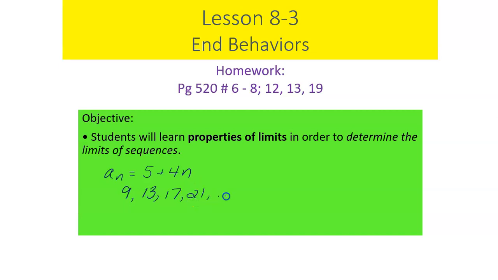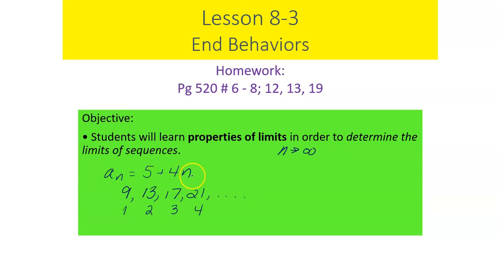What we notice is as we keep going, our numbers keep getting larger and larger. So when we talk about the limit of sequences, we're talking about as n approaches infinity, as the term number gets larger.